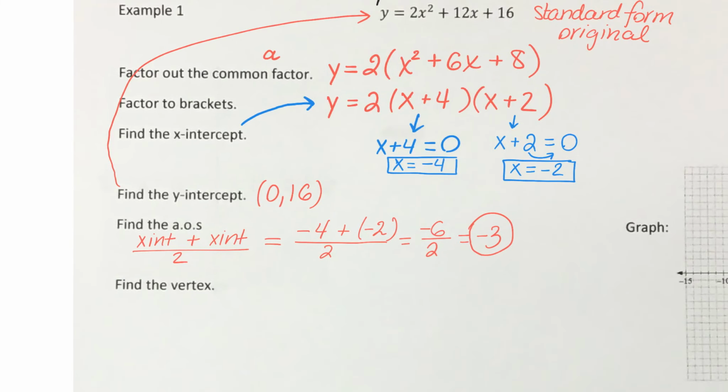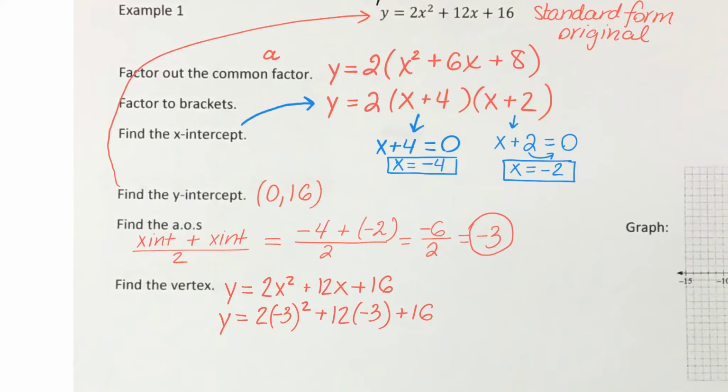I'm going to use the original function. My function said y equals 2x squared plus 12x plus 16, and I'm going to plug negative 3 in for all of those x's. So 2 times negative 3 squared plus 12 times negative 3 plus 16.